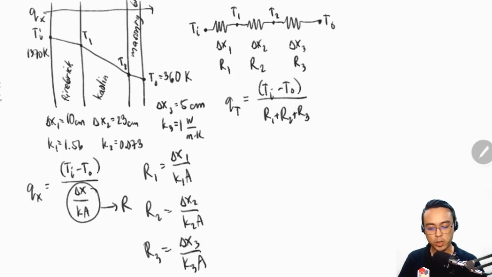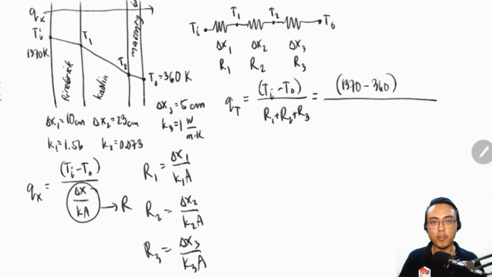We substitute all of these resistances to our overall rate of heat transfer, and we can solve for its value. Substituting, we have T sub I, 1370 Kelvin minus T sub O, 360 Kelvin, divided by R1. Delta X1 is 10 centimeters, so I will be converting everything to standard SI units so that we won't have any problem.